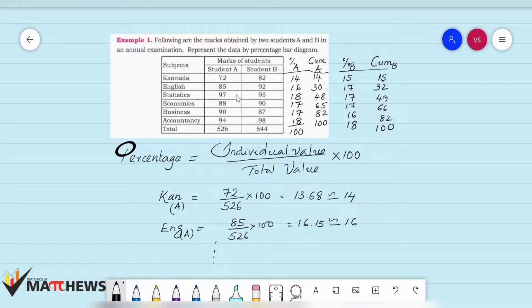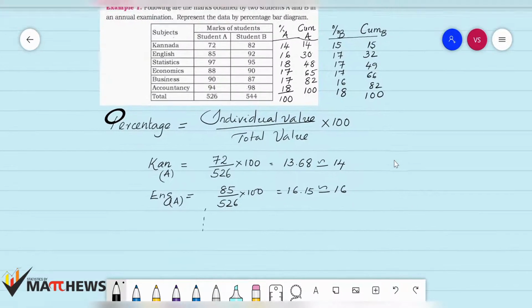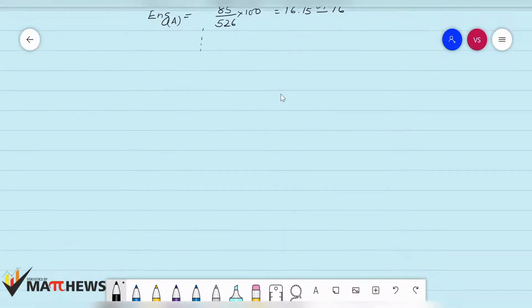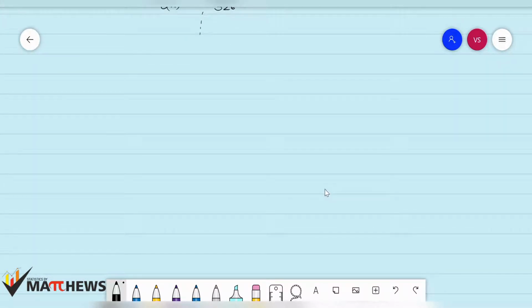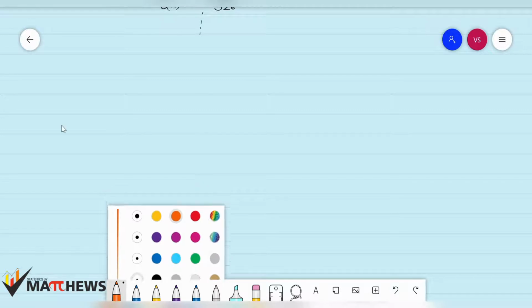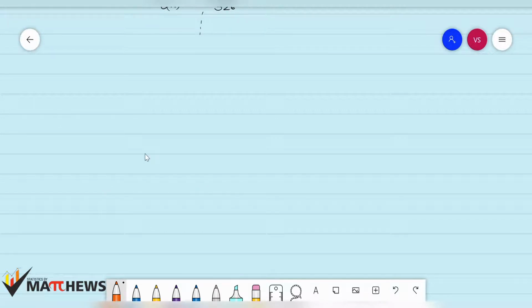Okay. So now let's start doing our usual way of drawing the graph or diagram, by writing the title. So what should be the title, students? I'll write the title in a different color so that it will be highlighted. The title is all about percentage marks, or percentage bar diagram.